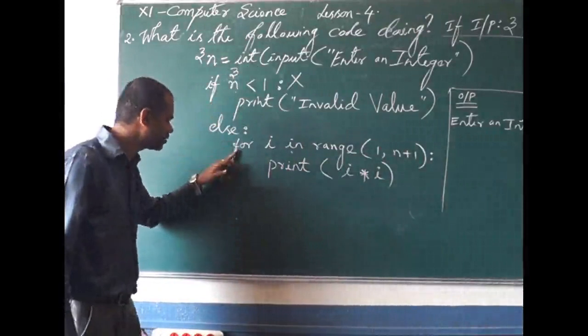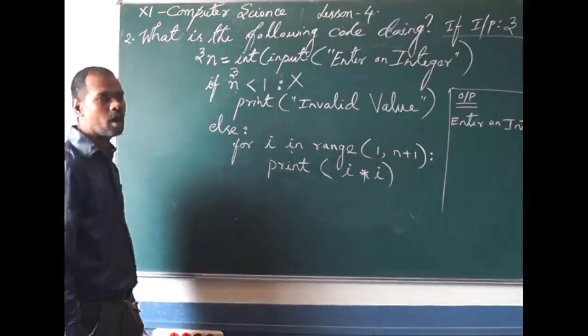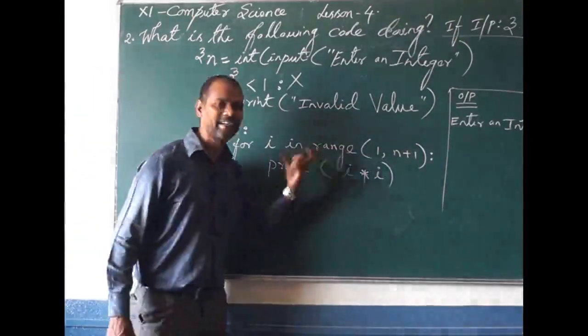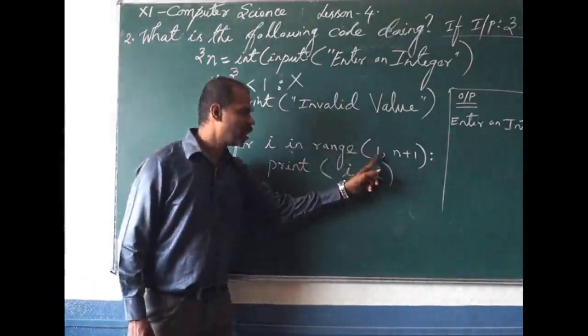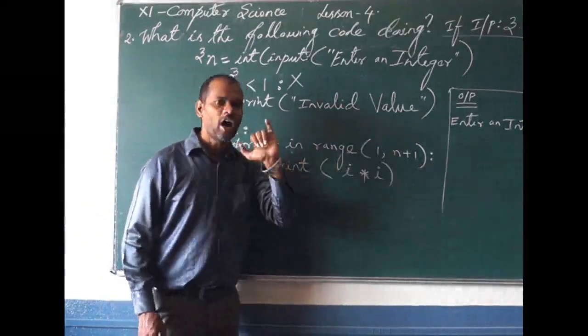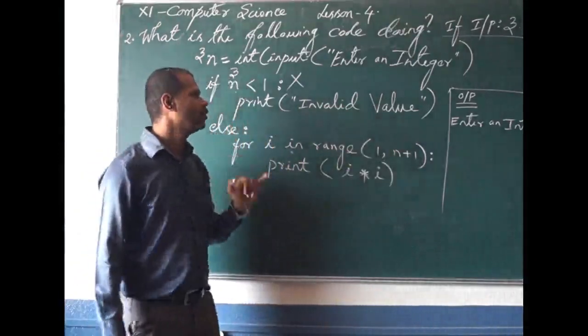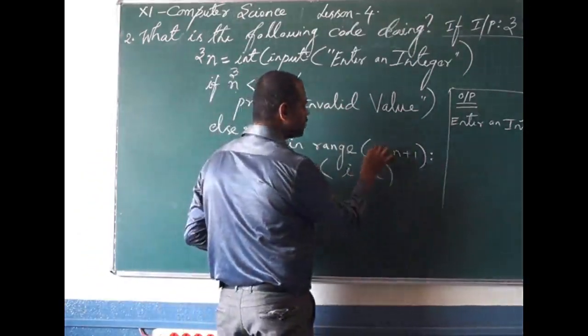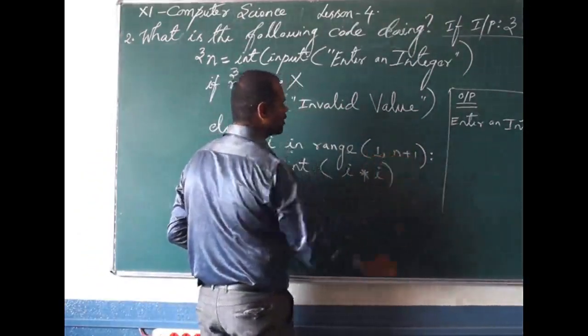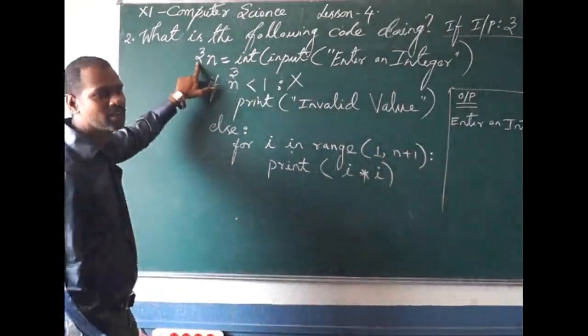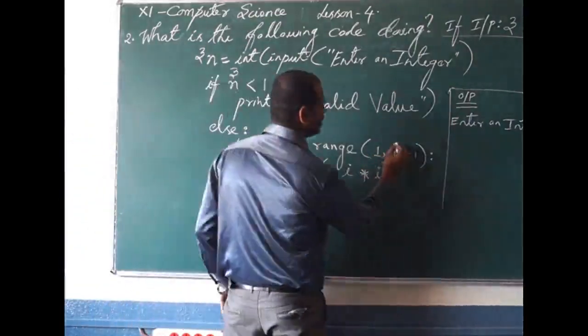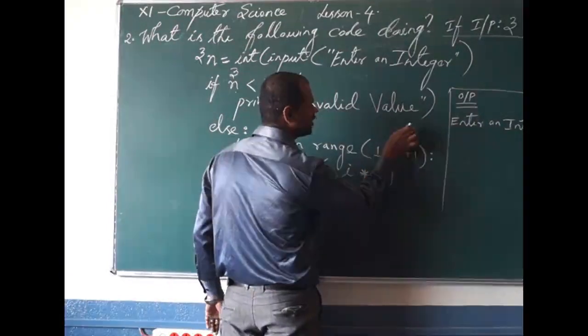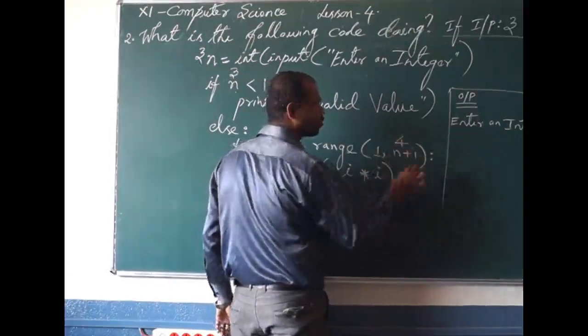What is this? A for loop is there. I already told you what range is. This is the starting value and this is the stopping end. So this is 1 and this is n plus 1, which means 3 plus 1, which is 4.